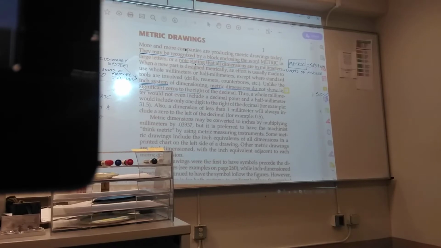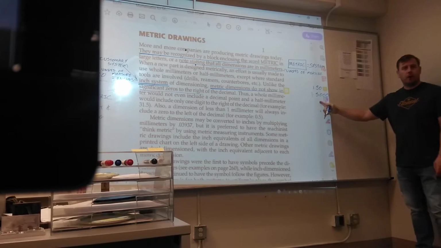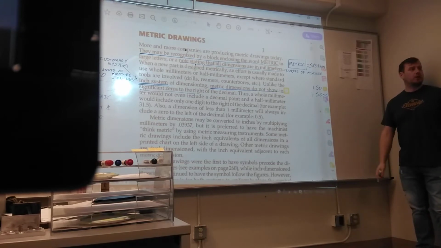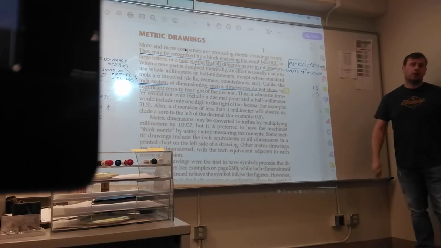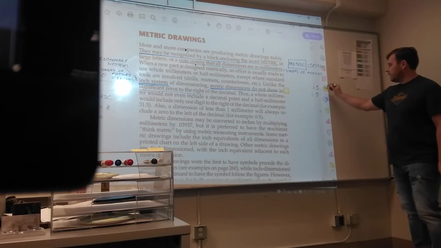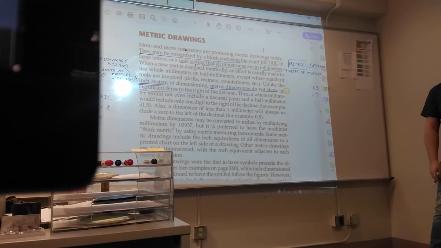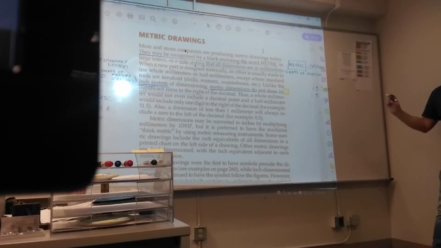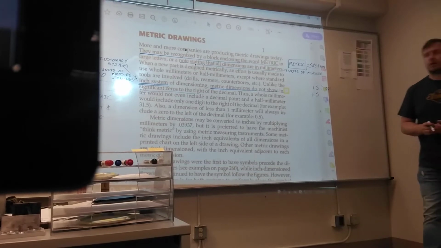It changes the tolerances, what tolerances you're supposed to apply to that dimension. If you have 1.50 and then 1.5000, those tolerances are different. In the metric system, they're not going to put those extra zeros. If it's an important dimension, they'll specify that, and they'll put the tolerance right next to it. So you're not going to see insignificant zeros.